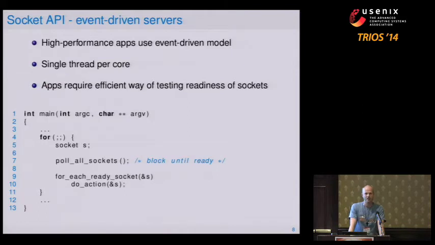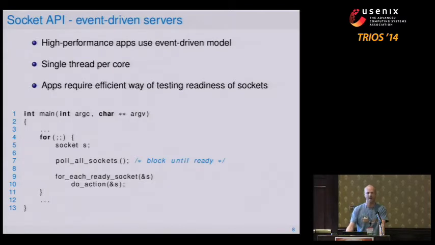High-performance networking applications nowadays typically use the event-driven model, which means that we have a single thread of execution on each core, so it's also hard to batch system calls. Each thread runs a main loop on its core, at the top of which it monitors the activity on sockets to see which of them are ready.